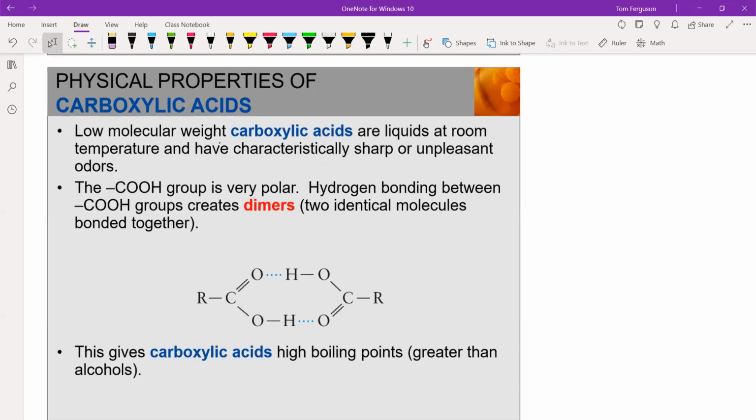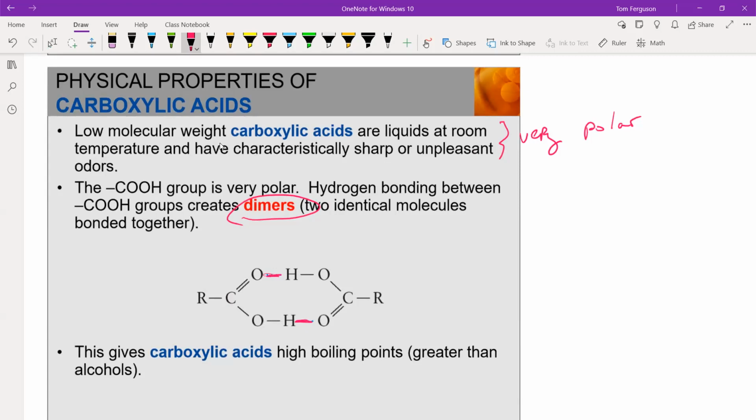Okay, so here we're getting into this idea of low molecular weight carboxylic acids being very polar. Now, interestingly, carboxylic acids can form something called a dimer. And that is where they get a mutual bonding between the acidic groups.